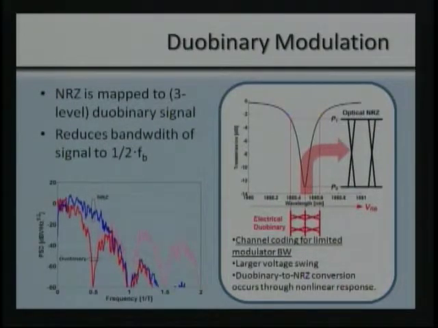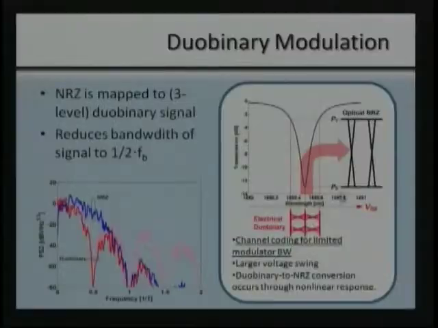We simply are using that modulation to overcome the bandwidth limitation of the ring, and we don't need any changes to our receiver because the ring itself will decode the electrical duobinary into NRZ signals again. So we just need to figure out how to align our zeros, ones, and 2s such that we get the right data sequence out of the optical NRZ, out of the optical modulator.